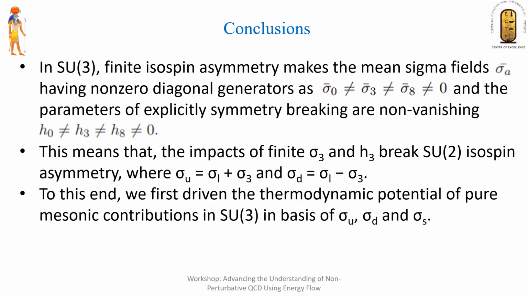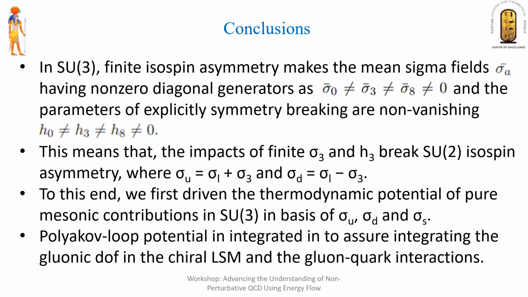To this end, we have first derived the thermodynamic potential, the pure mesonic contribution in SU3 based on up, down, and strange condensates, and the Polyakov loop potential is integrated in our calculation to assure integrating Coulombic degrees of freedom in the chiral linear sigma model and the quark-gluon interaction. Thank you very much.